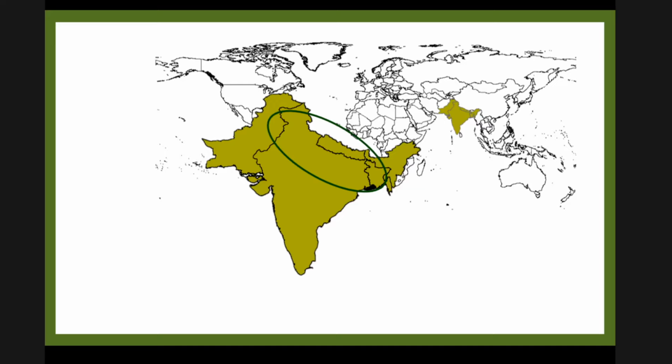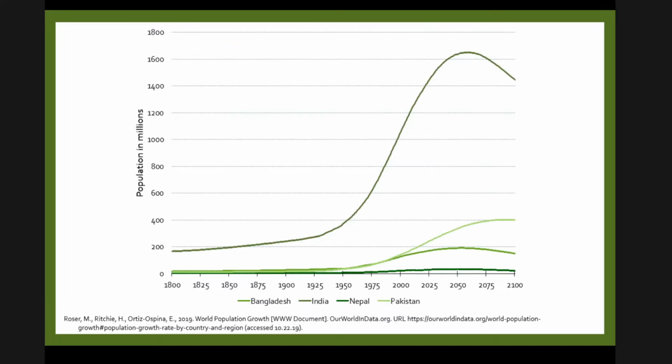And food production is really important because, as you know, this is a region with a large population, and the projections of this population is that it's going to increase in the coming decades. So producing more food, or at least not less food, is really important to avoid people going hungry.